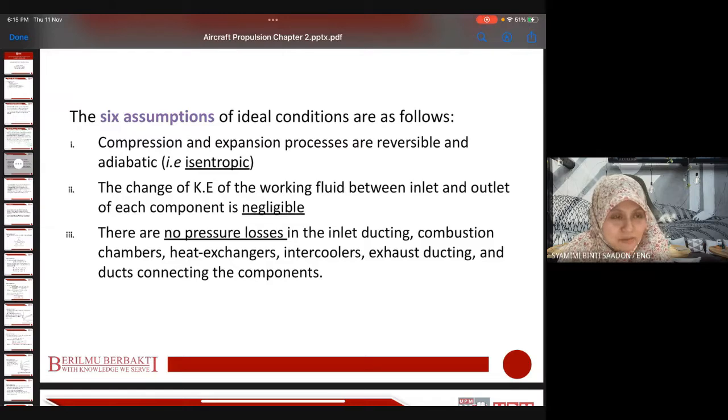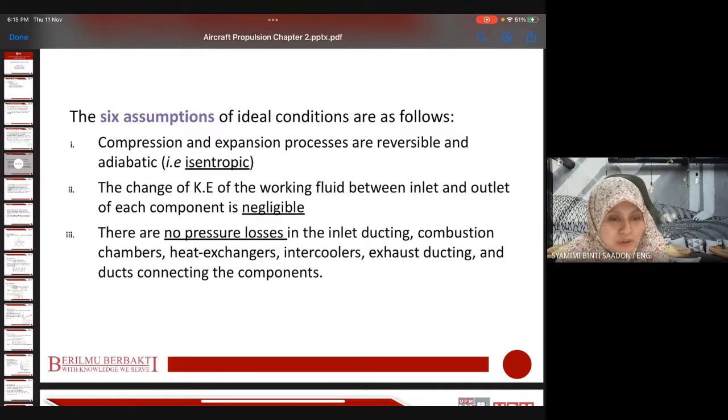These are some of the most critical points when we want to evaluate something. These are the 6 assumptions or hypotheses that we normally clarify and justify first, before we proceed with the ideal conditions process.